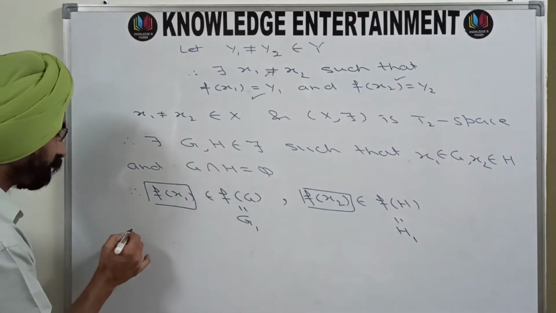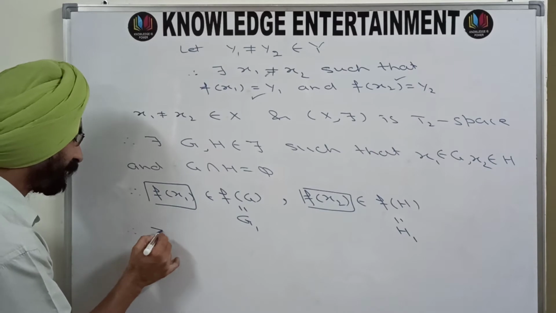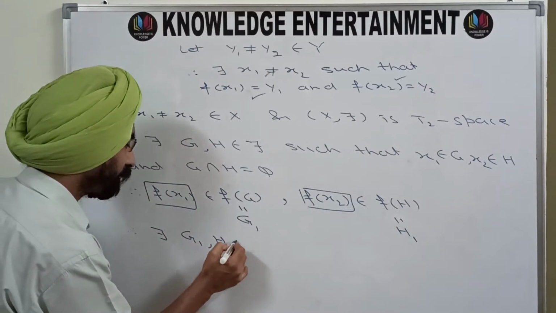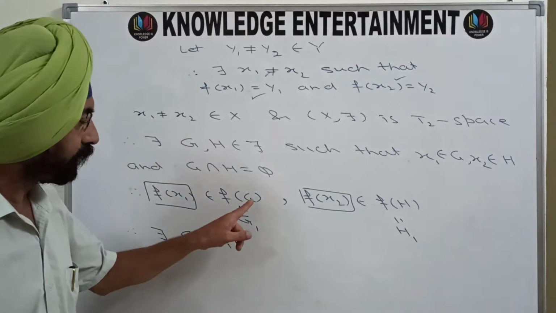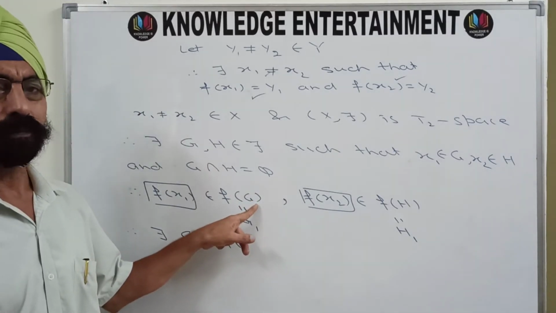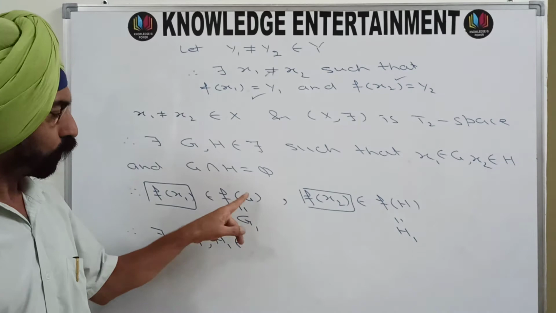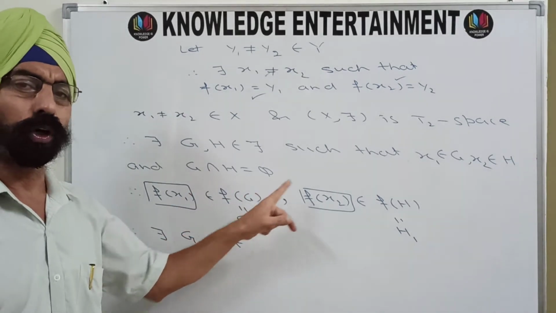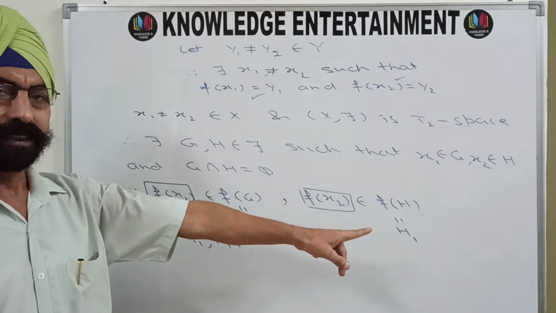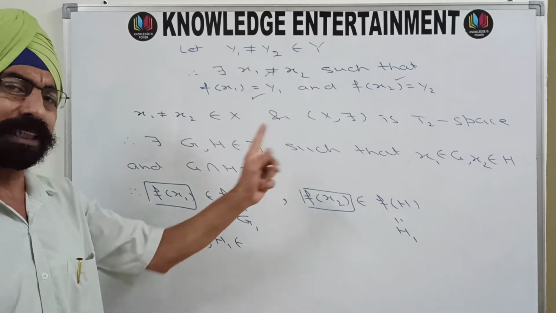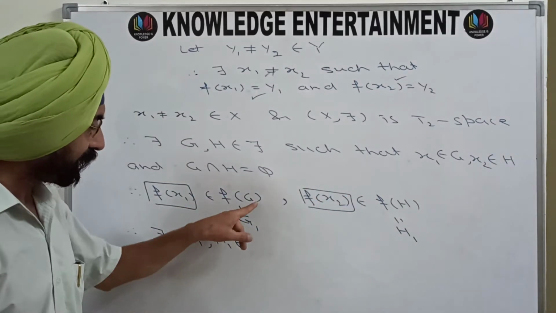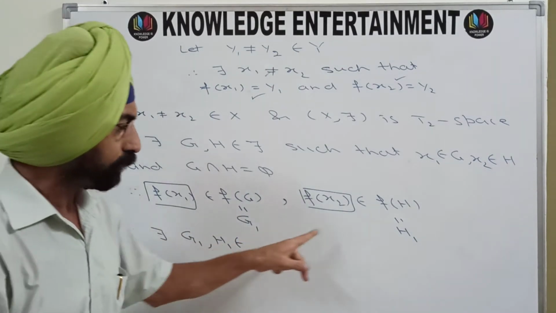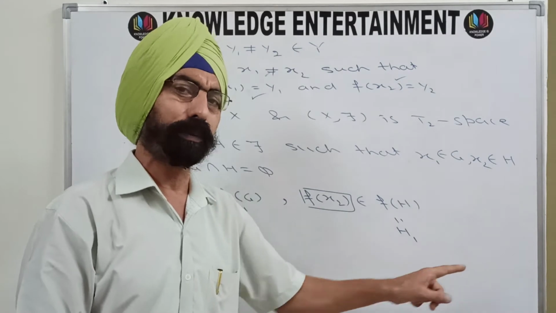So I can say there exist G1 and H1 belonging to rho. Now G was open in tau, the topology of X, but f of G will go into the image set Y and the topology there is rho, so this G1 is open, so it must be a member of rho. Similarly, H1 must also be a member of rho.